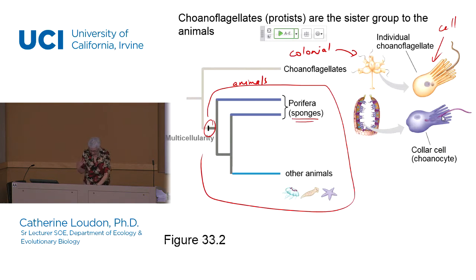So this similarity then, again, is one of the reasons why choanoflagellates have been thought to be closely related to animals for some time. Now, before I leave this figure, I want to point out that the sponges are the most basal groups of the animals as a whole, meaning that they are less closely related to the rest of the animals than the rest of the animals are to each other.